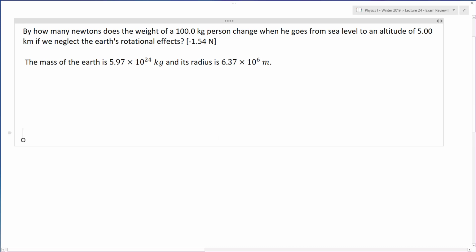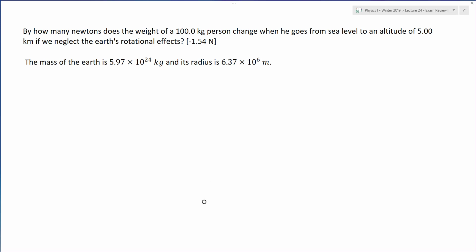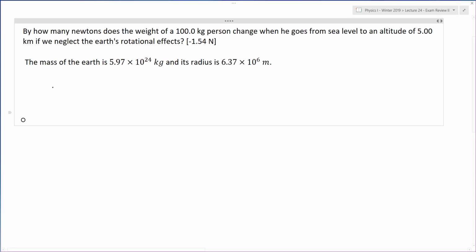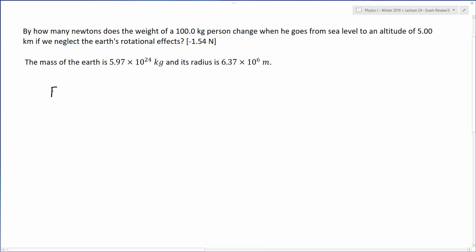All right, so when the question asks how many newtons does the weight of a person change, the weight of a person is the same thing as the force of gravity acting on the person. So what's the formula for the force of gravity? We learned a formula earlier in the course, which is Fg equals mg.